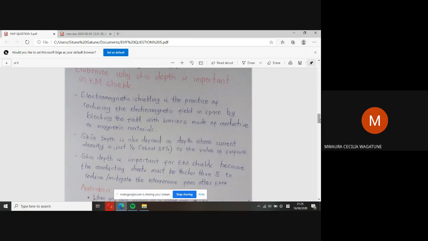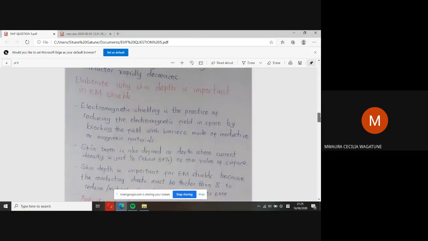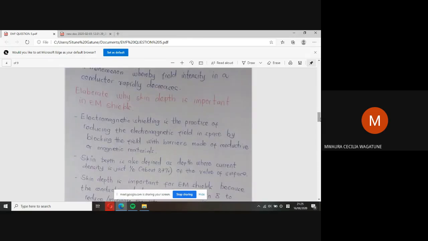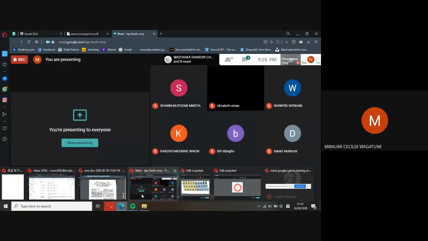So planes or these objects cause barriers that affect the communication. That's one application of EM shielding. I hope that is clear.